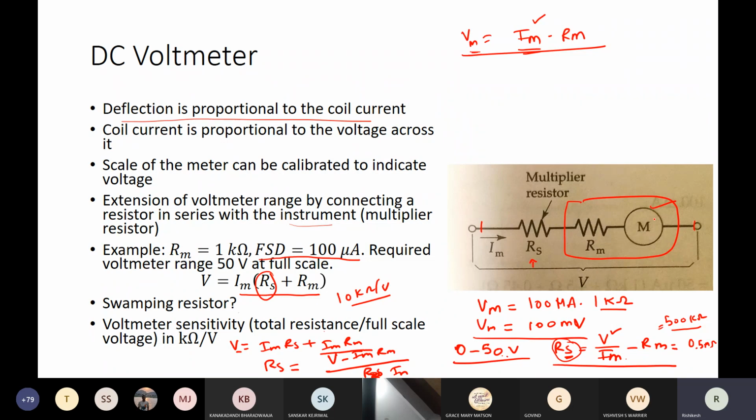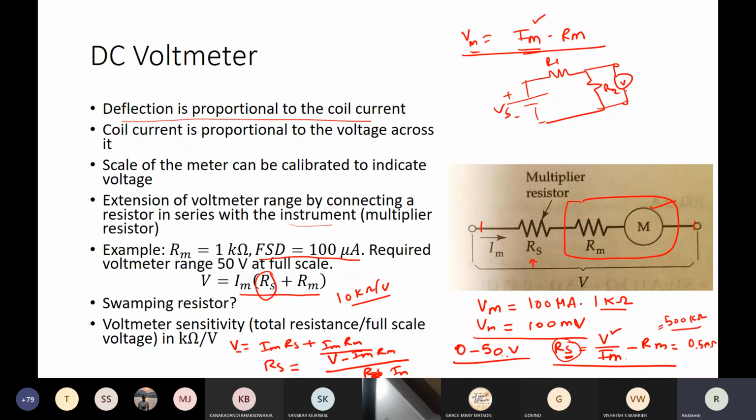Okay. Now, when you use, if I draw the same circuit, instead of current, I want to measure the voltage. Measure the voltage. So what is the typical characteristic a voltmeter should satisfy? Ideally, voltmeter resistance will be how much? Infinite, right?